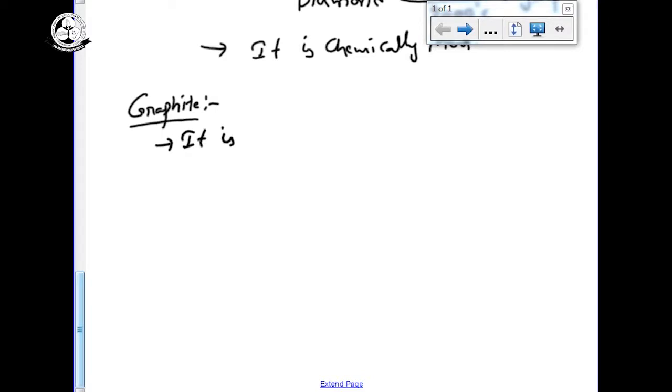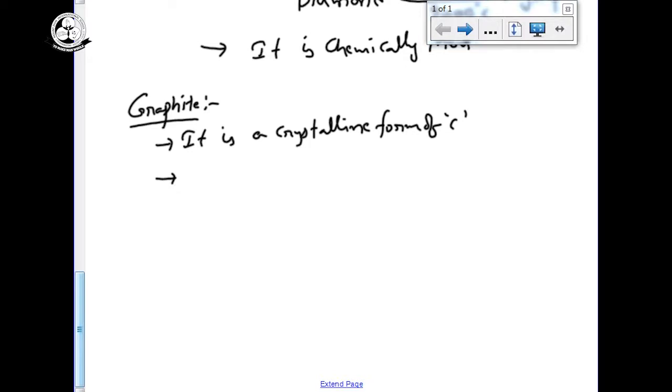It is an allotrope of carbon formed by the thermal decomposition of the corundum. The major important discussion is graphite.